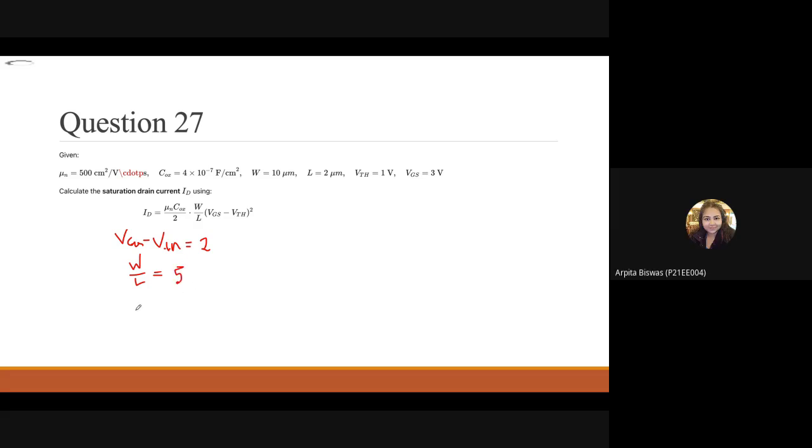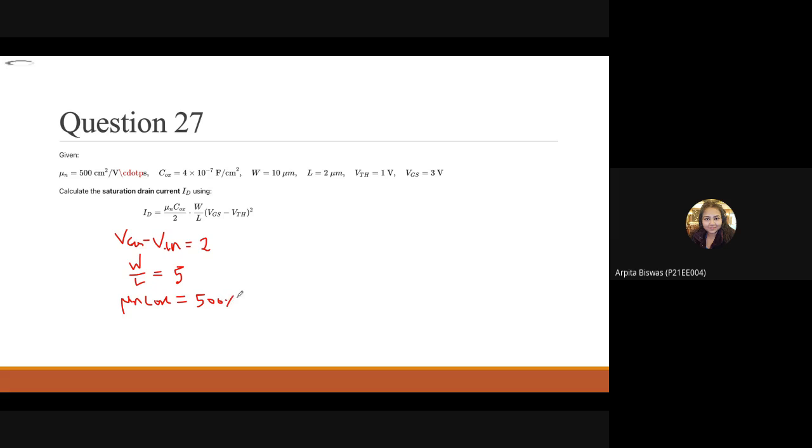Now tell me what is the value of mu n COX? The value of mu n is in centimeter square per volt second, so 500 into what is the value of COX?